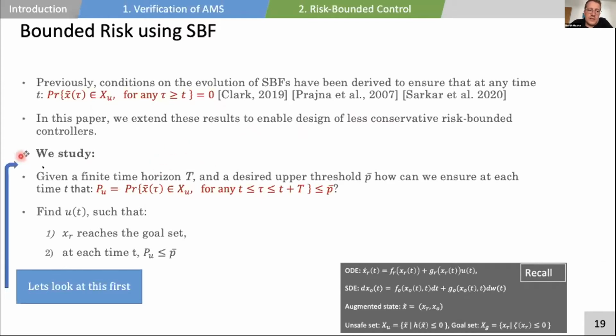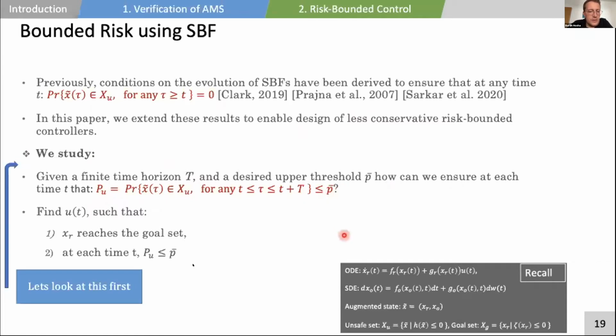Given a time horizon T and a desired upper threshold p bar, we can ensure that at each time t, the probability of entering the unsafe set, P_U, for any time between t and t plus capital T, is less than some desired value p bar.